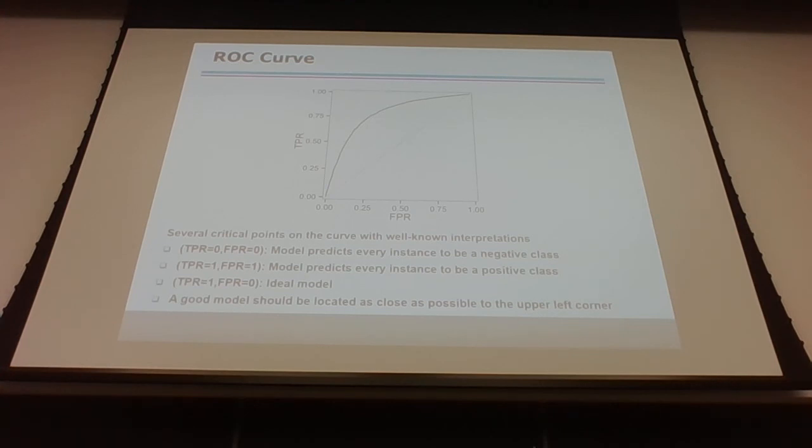Now, what is the ideal curve? Can you tell me what the ideal ROC curve is? How much true positive do you want? How much false positive do you want? You want all true positive, right? And you don't care about the false positive.